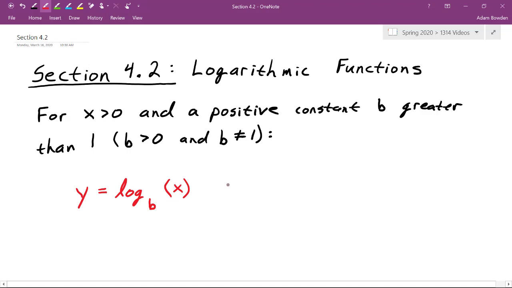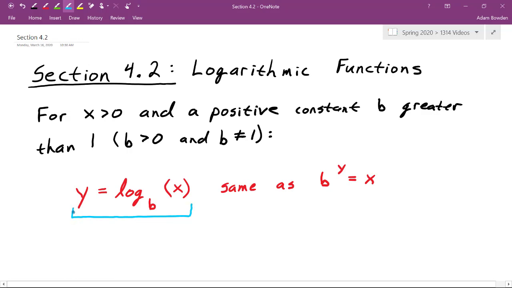Now this whole logarithm is the same thing as b raised to the y power equals x. So what we're looking at are two different ways of arranging the variables and constants around this thing called a logarithm.